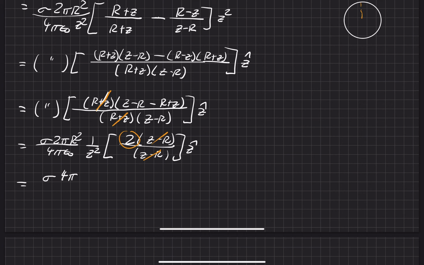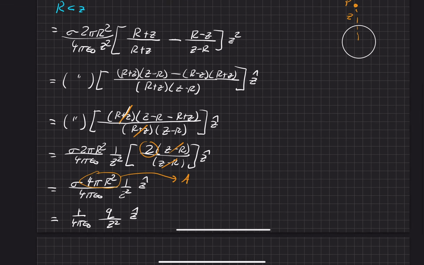So now this 2 becomes a 4 pi r squared, hint, hint, times 1 over z squared in the z hat direction. As you can tell, this is actually equal to A, and when A is multiplied by sigma, this is all equal to 1 over 4 pi epsilon naught, Q divided by z squared, in the z hat direction.